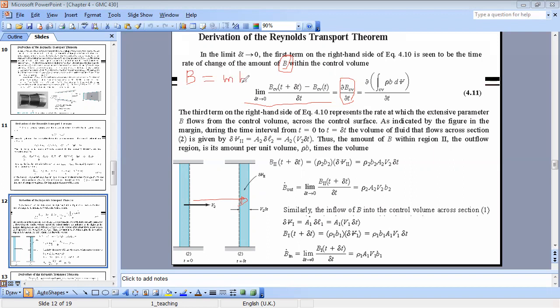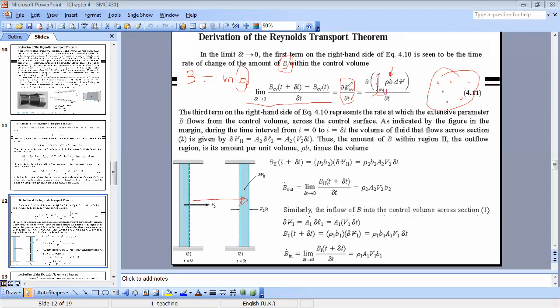So we always define properties per unit mass, small b. Then for the control volume, when I want to see the variation of a property, in case I have variation of the property over the control volume, I can use an integral approach. If at each point of the control volume I have a different value of b, to be able to find the total variation, I should integrate over the control volume.